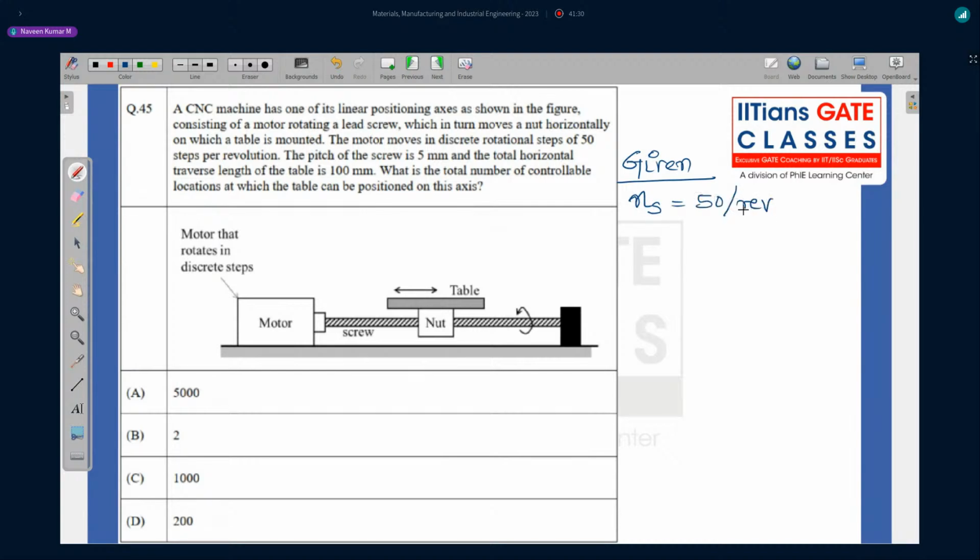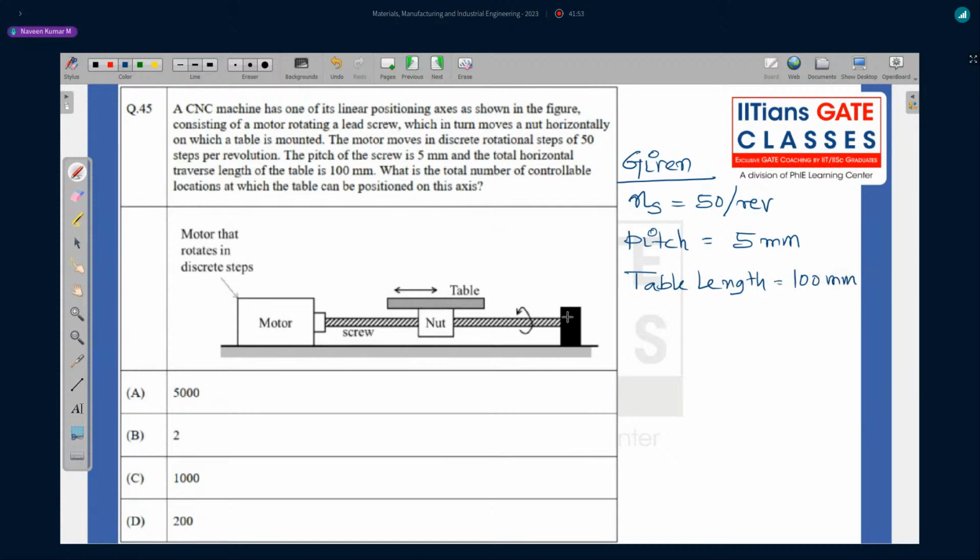Pitch of screw is 5 mm. Table length is 100 mm.